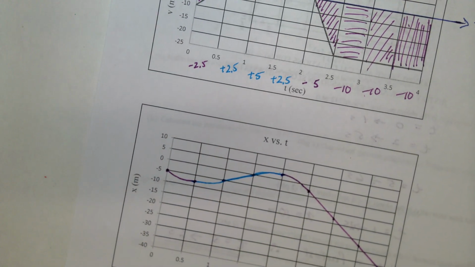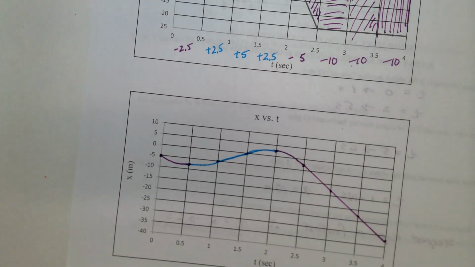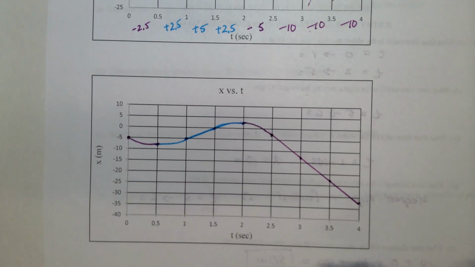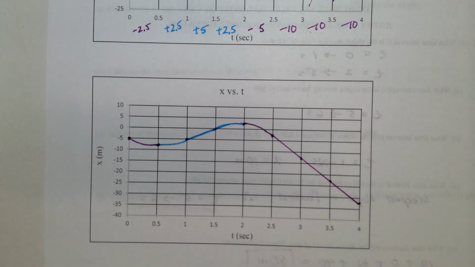So this is what it should look like for the position versus time graph. Are we good? Yeah? Alright.